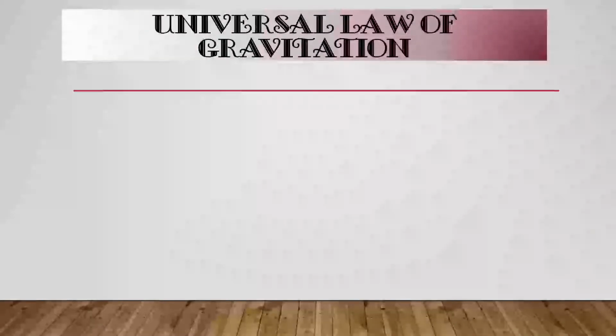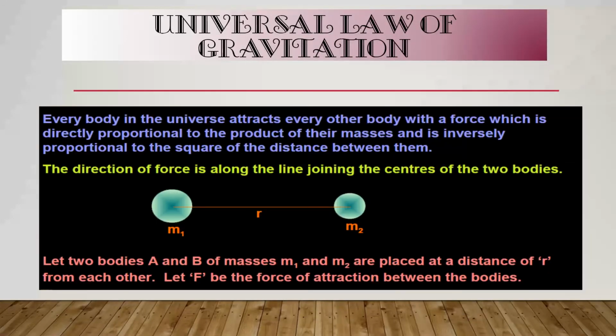Universal law of gravitation. Students, as we have already discussed in the videos also, let's look upon this law again. Every body in this universe will attract every other body.